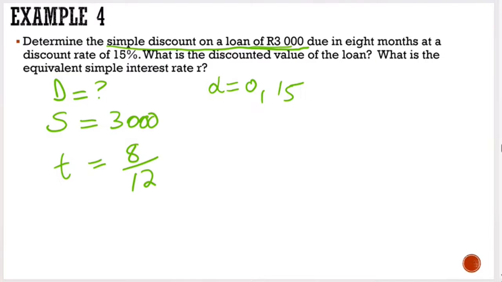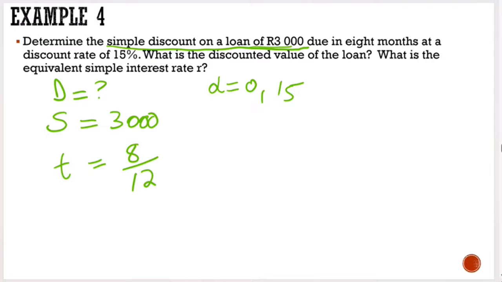Okay, what is the discounted value of the loan? Okay, that's what you are asked to calculate. What is a discounted value? Remember, a discounted value is your present value. You understand? When you are working with discount, the discounted value is your present value, but it is discounted.